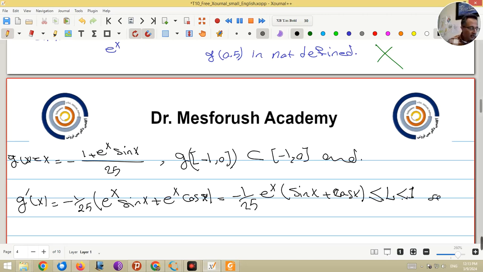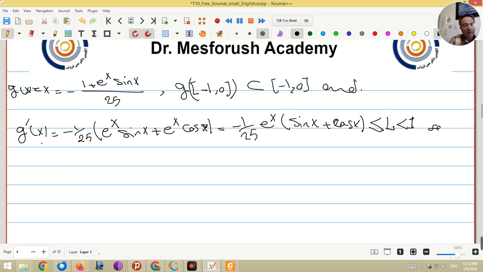So g of x is acceptable, and we can define x n plus 1 equal to g of x n equal to minus 1 over 25 e to power of x sine of x plus cosine of x.